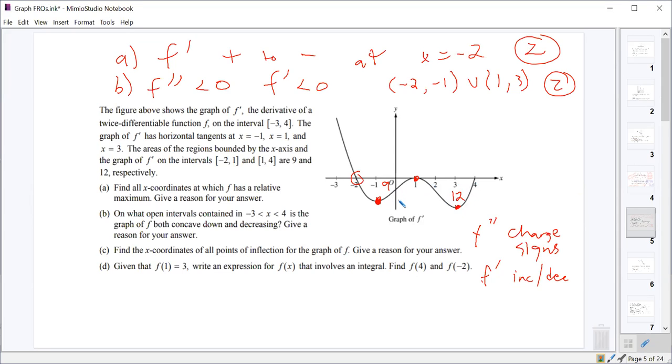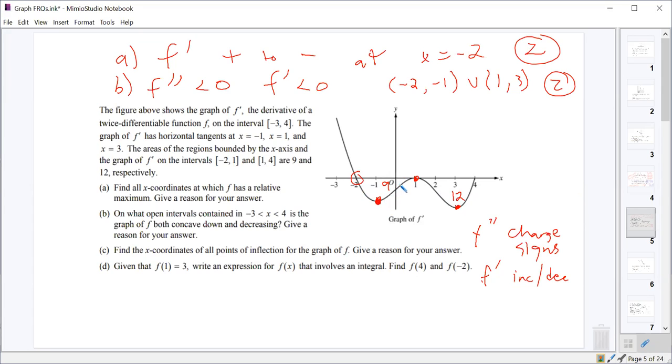And then we need to think about what's happening at each of these. Let's see here. -1. Yep, those should all be good, right?